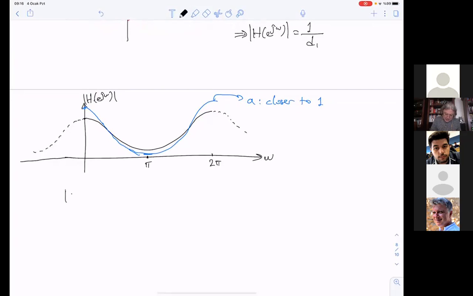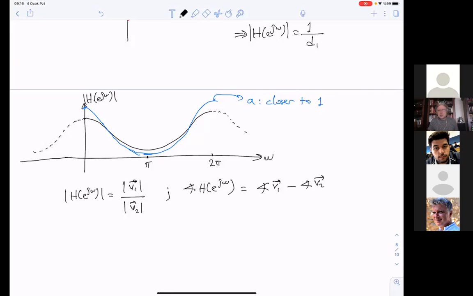So we write h of e to the j omega in magnitude as equal to the magnitude of v1, which is the distance to the 0, divided by the distance vector to the pole, and the angle of h of e to the j omega will be equal to the angle of the v1 vector minus the angle of the v2 vector. So we have to measure the angles.